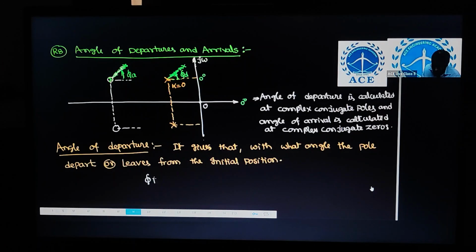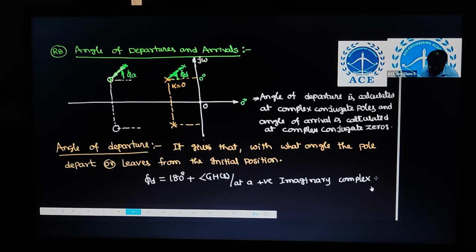Okay? So what is the formula for phi d? Phi d equal to 180 plus angle GH of S at a positive imaginary complex pole.